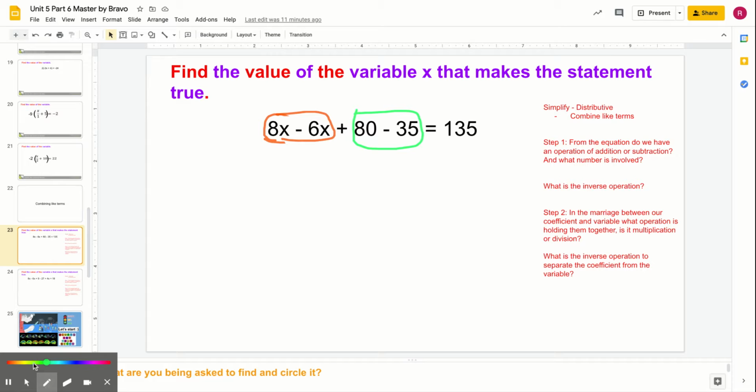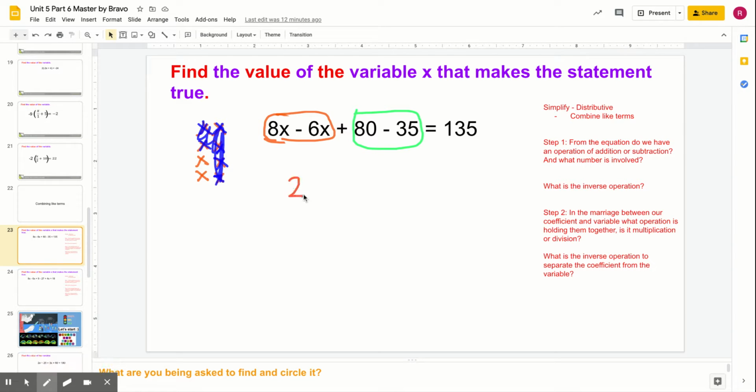So what I'm going to do is just observe what's going on. It says that over here I had 8x, so I had 8 of these. And they took away 6 of them. So I'm going to use the opposite color of that red. And 6 of them went away. So that means you're left over with 2x.